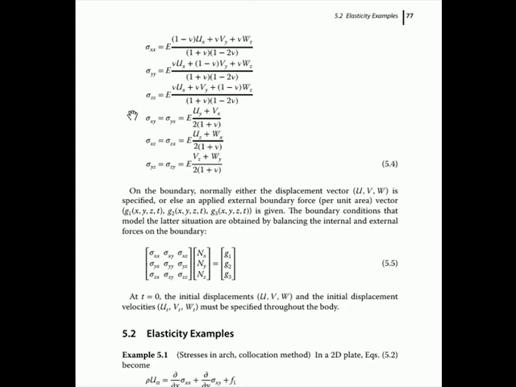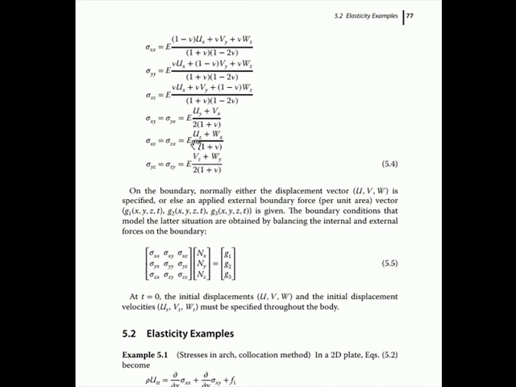We're going to first do a two-dimensional example, and in a thick two-dimensional plate, we can assume that there are no strains in the z direction. So w will be 0 everywhere, and u and v are constant in the z direction, so u sub z and v sub z are 0.